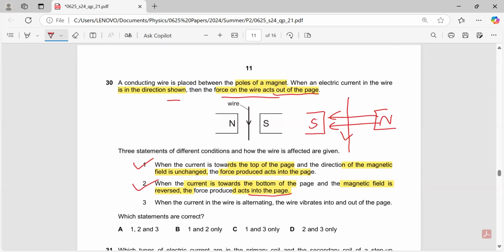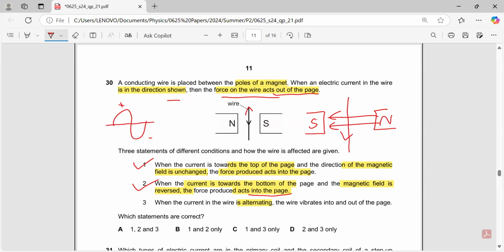Then the final statement: when the current in the wire is alternating. Alternating means that once it goes down, in the next half it will move up, like positive and negative, both peaks are there. So it is switching after each half cycle, and the direction of current keeps on changing.